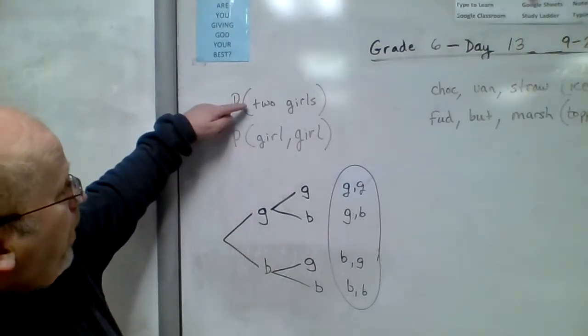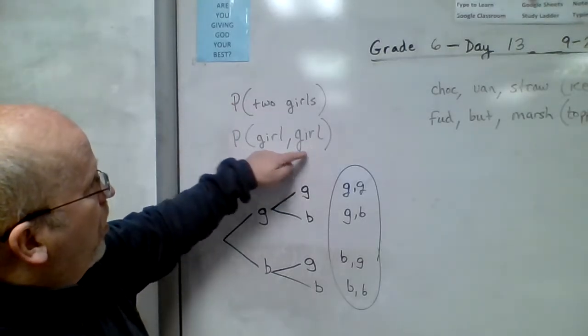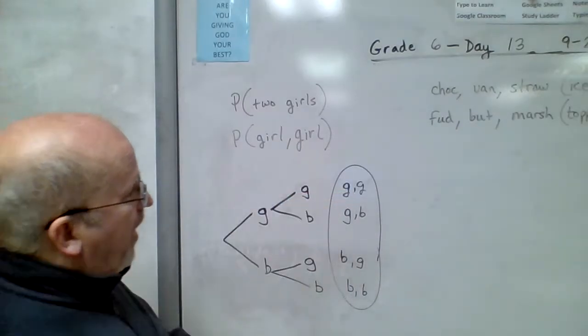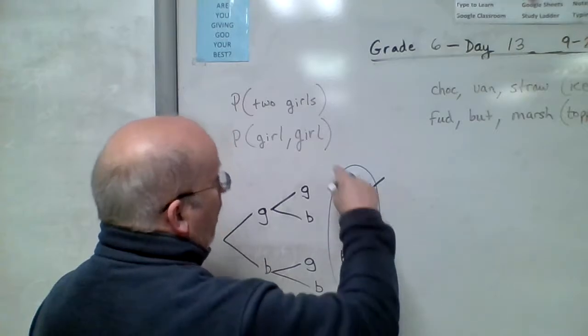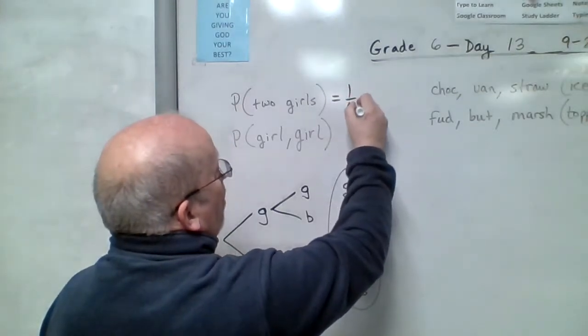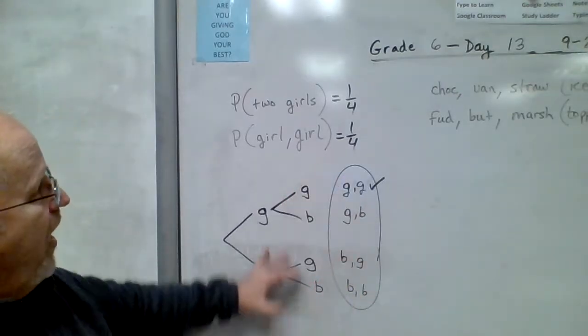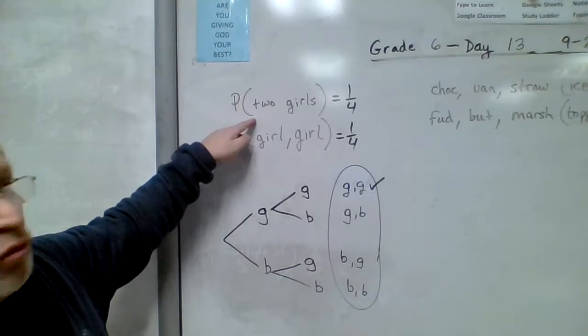And so when we ask ourselves, what's the probability of getting a girl and then a girl, or in other words, 2 girls, it only happens right here. It happens 1 time out of a total of 4 times. So we used a tree diagram to find the probability of a couple having 2 girls.